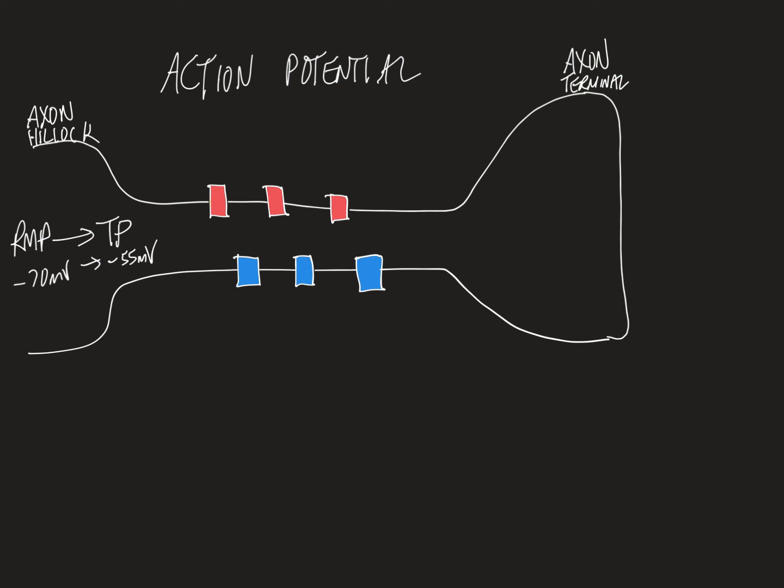What happens is these gates start doing their thing, and things get more positive on the inside, and then some potassium goes out.